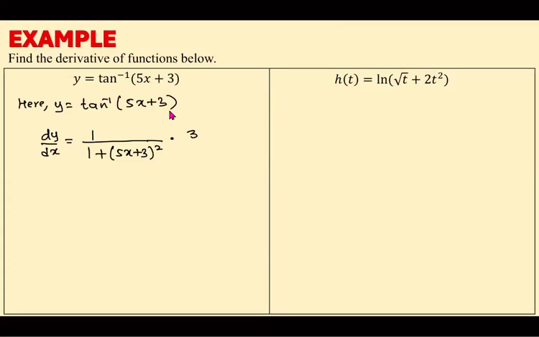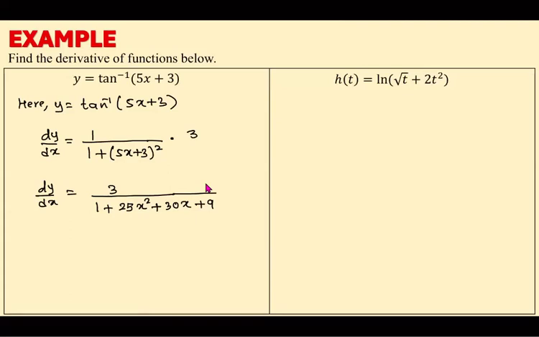So what we get is dy over dx is equal to 5 in the numerator. In the denominator, 1 plus, now if we FOIL this, 5x plus 3 times 5x plus 3 is 25x squared plus 30x plus 9.